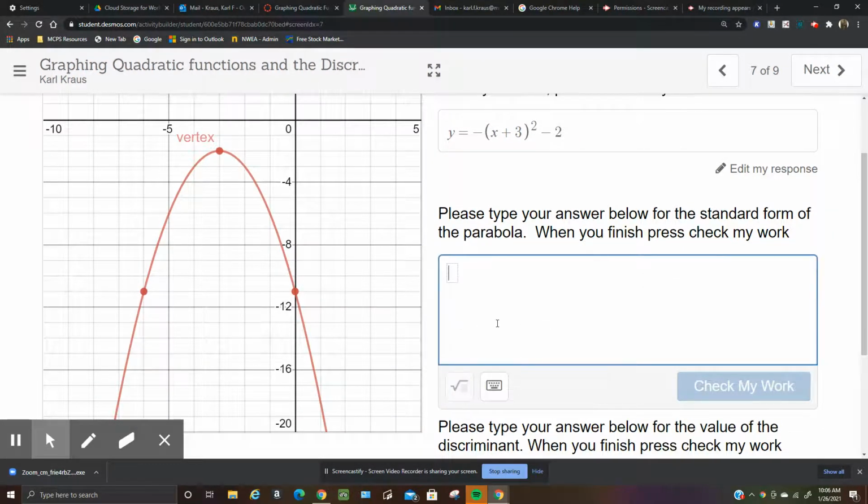The standard form. Negative of x plus 3 times x plus 3, minus 2. The opposite of x squared plus 3x plus 3x plus 9, minus 2.